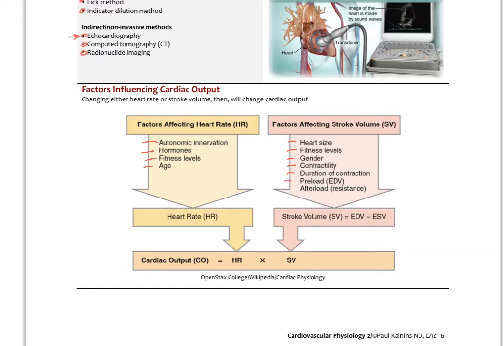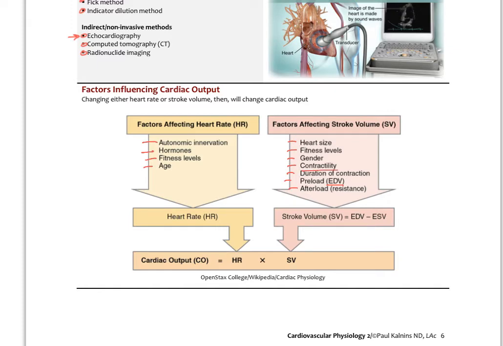So at the end of diastole, the relaxation, how much blood actually is in the ventricles? And then how much does the heart have to pump against? So if there's a lot of pressure from, say, hypertension in the arterial system, the left ventricle has to constantly pump against that, and that is known as afterload. So both preload and afterload are important factors, together with contractility, that determine stroke volume.